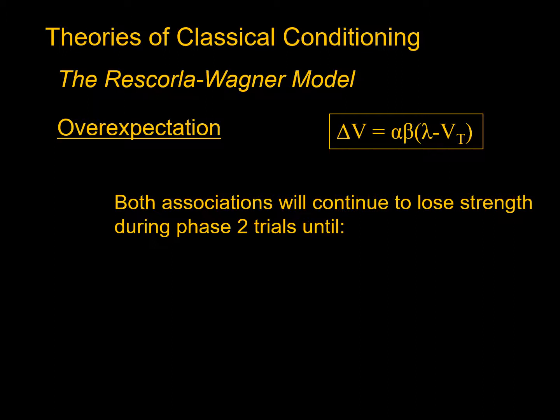And because we made both of them equally salient, it's going to go in nice parallel fashion for both stimuli. They're going to keep losing associative strength until the total of the two of them adds up to something that the US is actually capable of supporting, which in this case, they would both go from 100 units of associative strength down to 50. Because when they're both at 50, that adds up to 100, which is what that US can actually support.